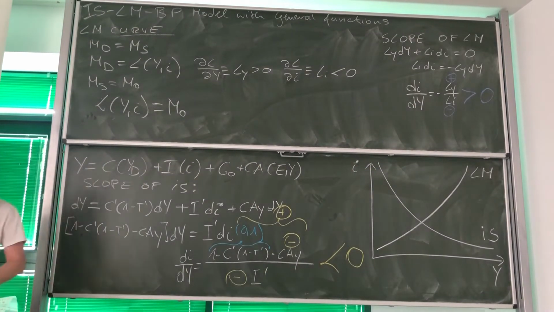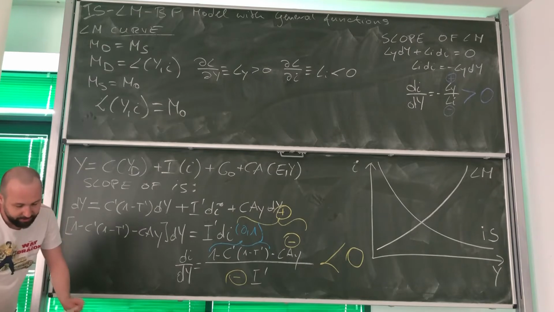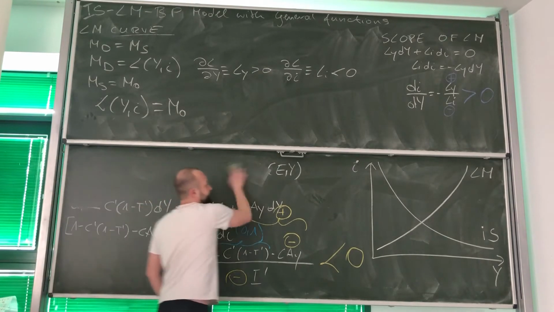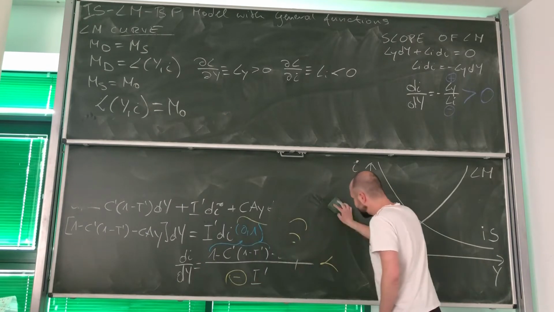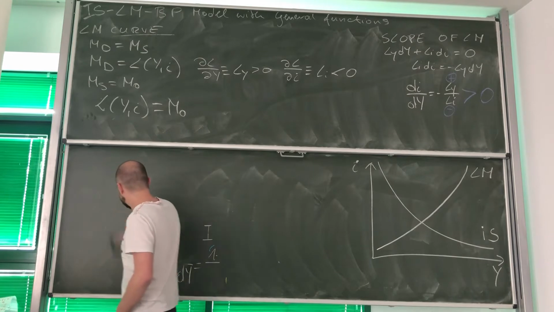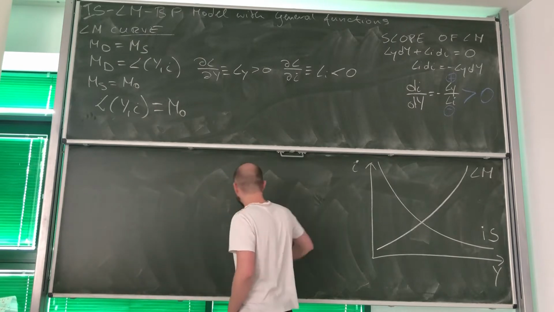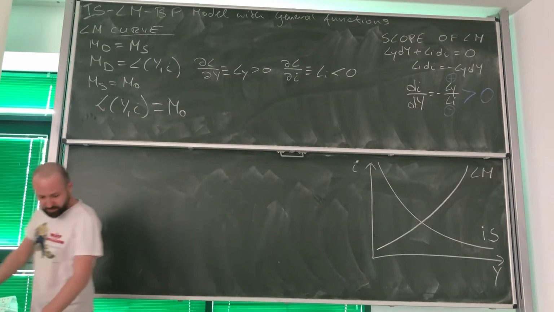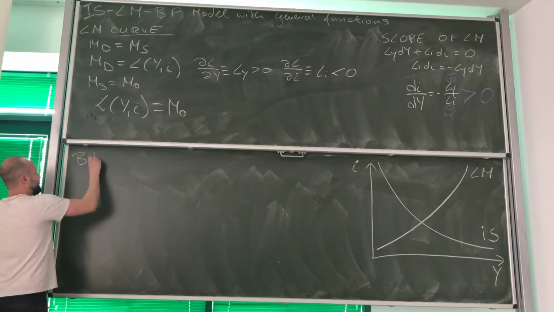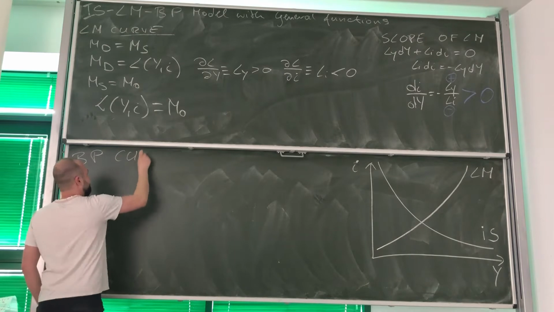Okay, and finally, the only curve left we've got is the BP curve. We already discussed the final points of it when we were discussing the linear model, so it also should go pretty fast. But now we've got the balance of payment curve.